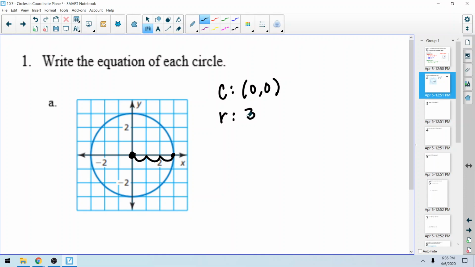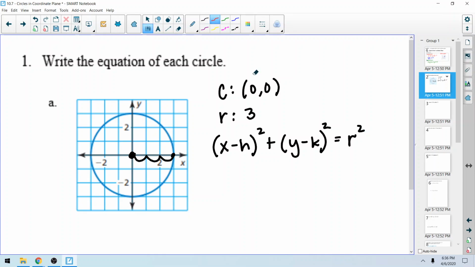So if I'm looking at standard form, I have (x minus h) squared plus, and by the way, that is always a plus. If you change that to something else, you just changed either to an ellipse or a hyperbola or something else. We're not talking about a circle anymore, and you'll cover those more next year. (y minus k) squared equals r squared.